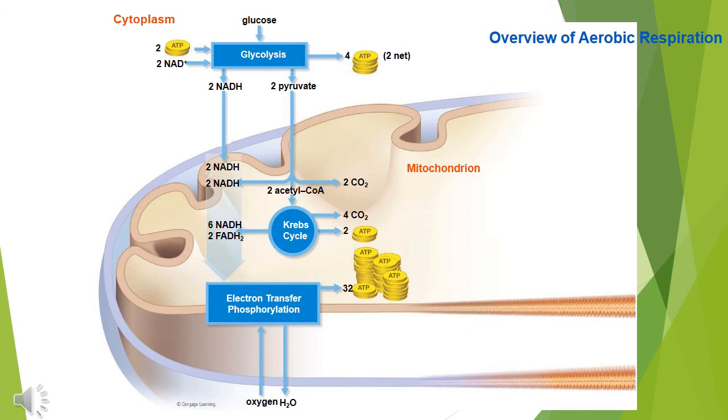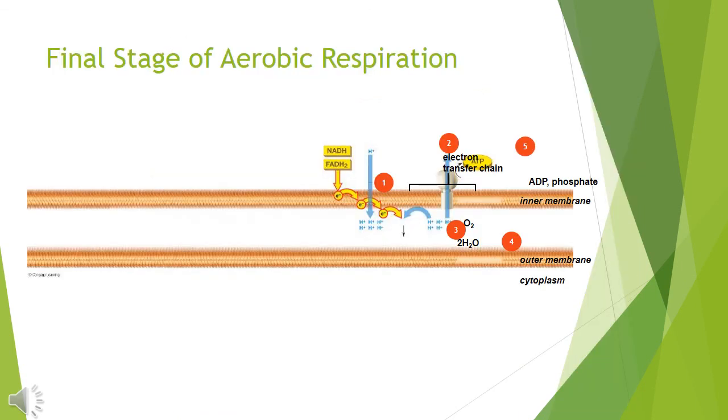The word phosphorylation just means that a phosphate group is being removed or added to another phosphate group. So here we have another picture that is just being carried on.